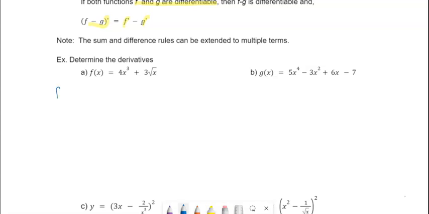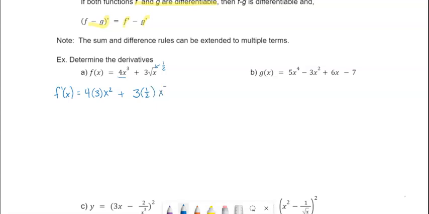So my first function here, I bring down my exponent and I reduce my exponent by 1. Second function, I bring down my exponent. Remember, the exponent here is actually 1/2.